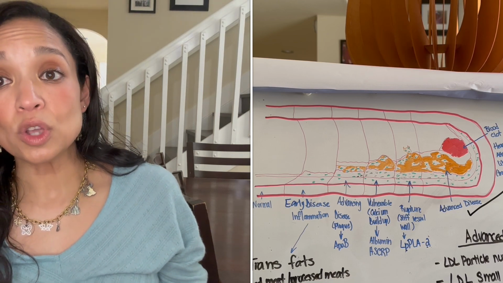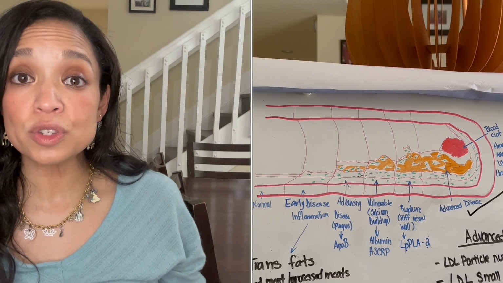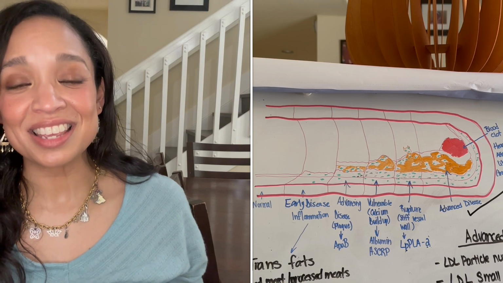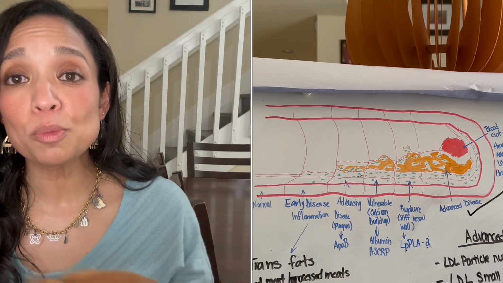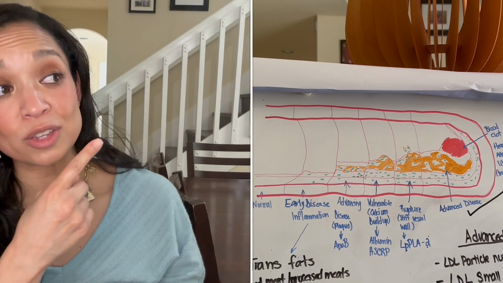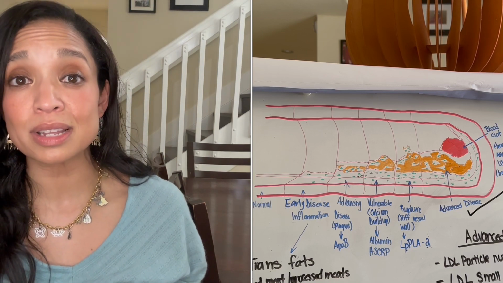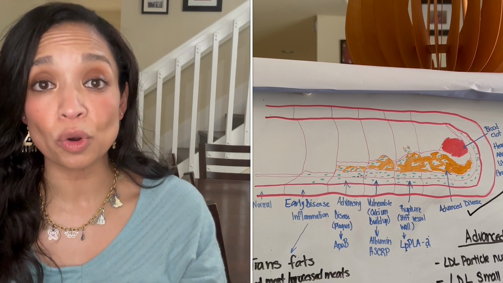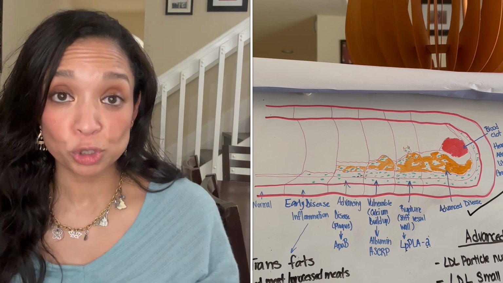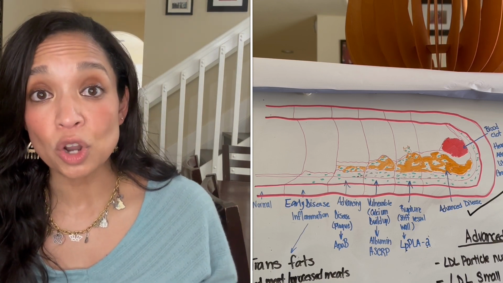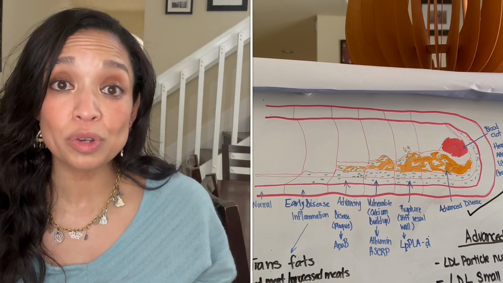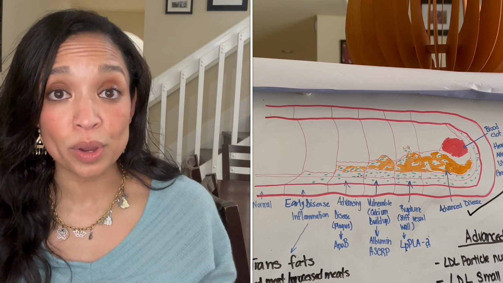As that continues on, again, if you don't make any changes, then we can see the advancing of the disease even further to where we've got additional plaque buildup. And as that plaque gets thicker, as you can see here from the orangey substance that's continuing to grow and build up in your artery, you can get the rupturing, which is the destabilization of that plaque and the release of some of those substances into your bloodstream, and that can travel into other areas of your body.